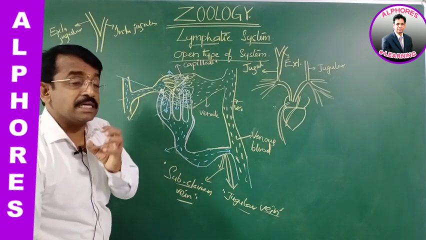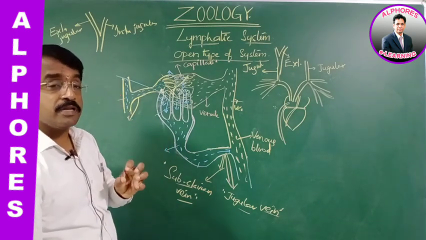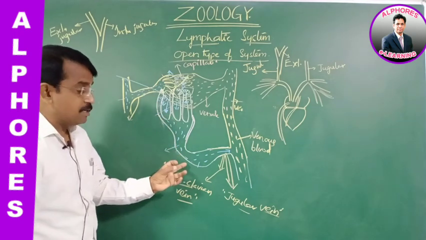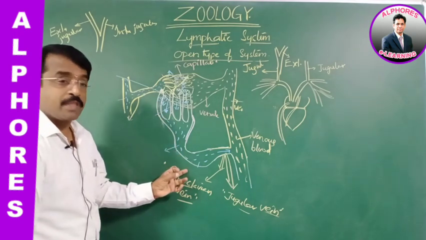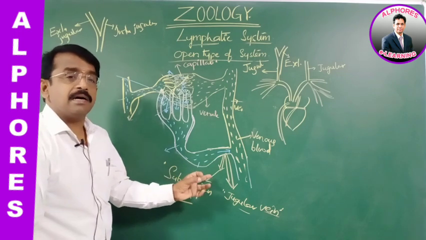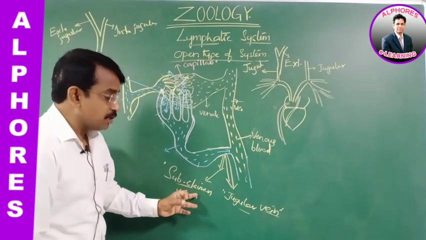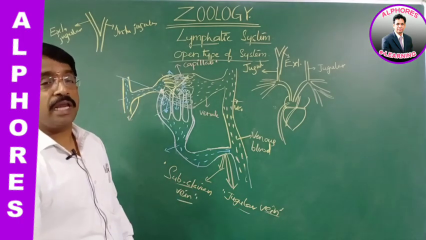These bring the lymph into lymph vessels and the lymphatic duct, and drain the lymph into the venous or blood circulation at the junction of the subclavian and jugular vein.